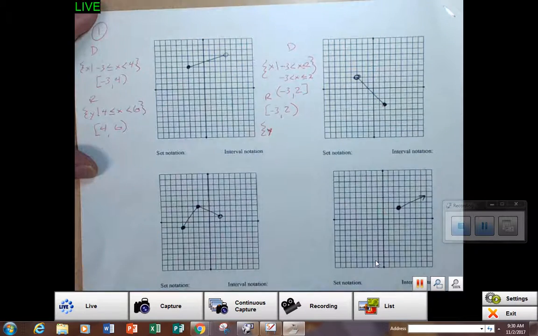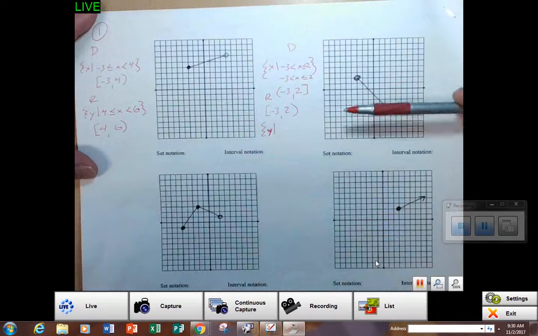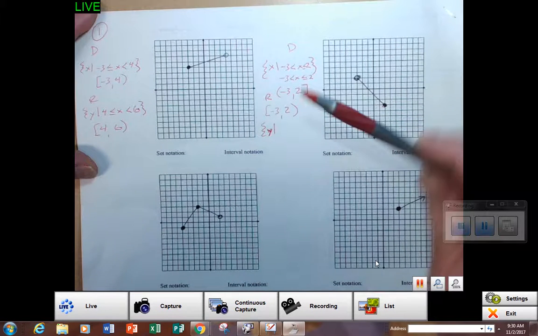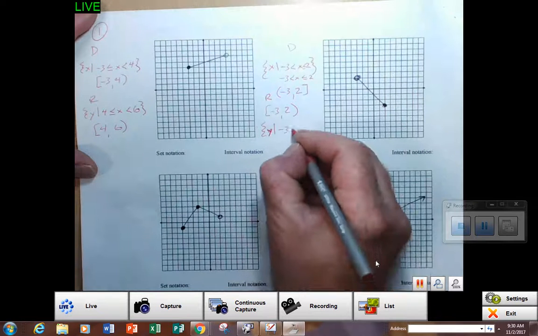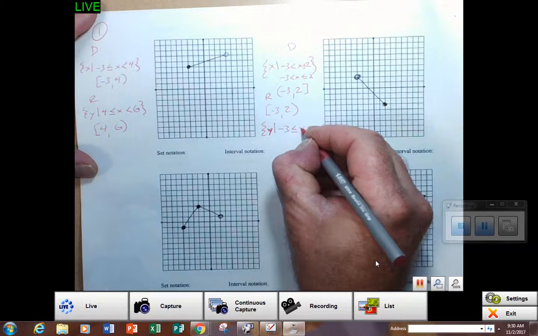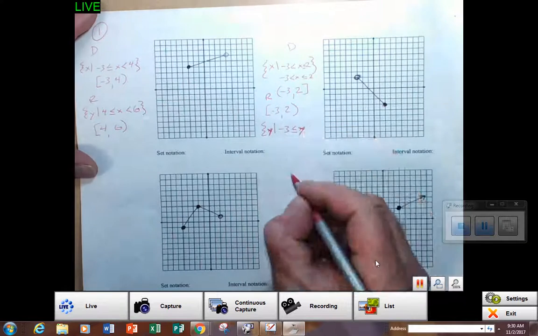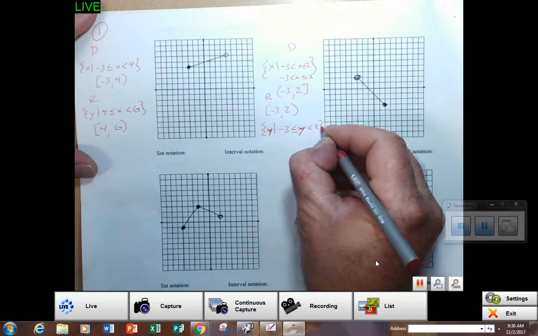That is a y, is an element of, and now I look at my y-axis from -3 to 2. So from -3 less than or equal to, because of that solid circle right there, and a y right there in the middle, not an x, up to less than 2 on the y-axis.